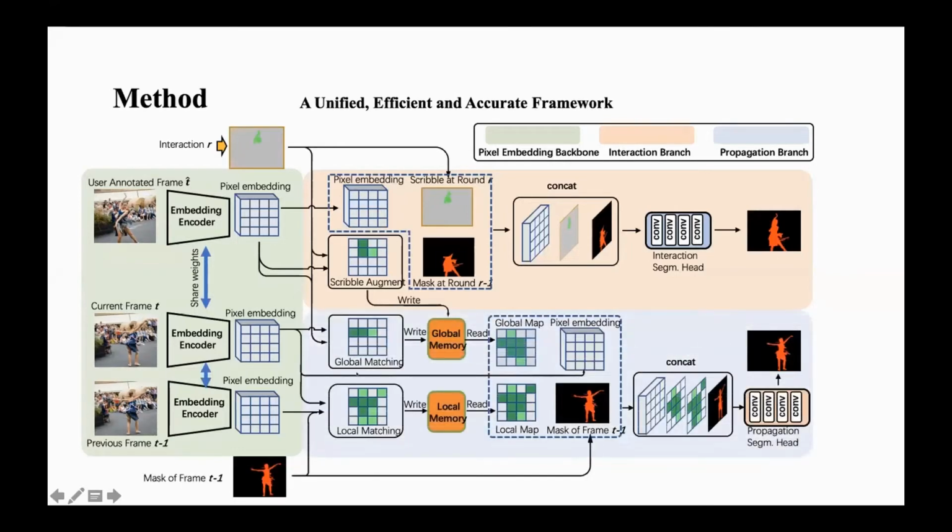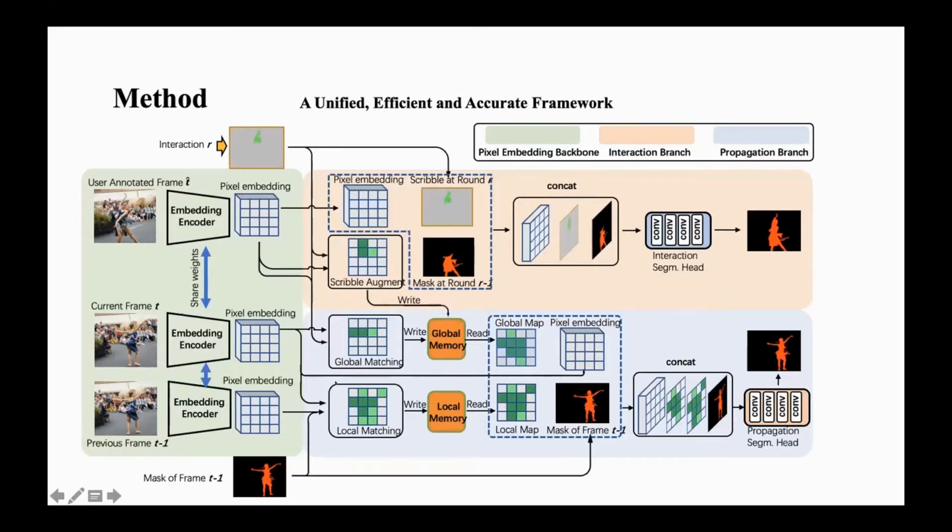The propagation branch aims to propagate the information from the user annotated frame and the previous frame into the current frame. So we need to compute the relationship between the current frame and the annotated frame, and the relationship between the current frame and the previous frame.